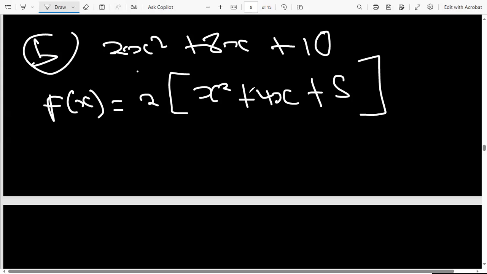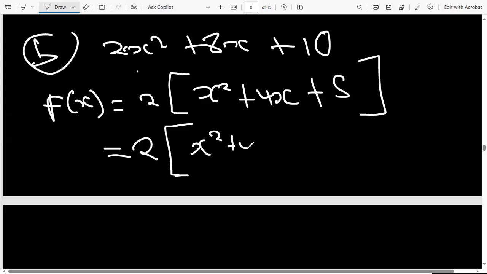Now we can see that whatever we have in the brackets, we can complete the square on. Why? The coefficient of this x squared is now positive 1. So we are going to say this is equal to 2 outside, and then let's complete the square on what we have in the brackets. We are going to create a special 0 here so that we can form a perfect square.